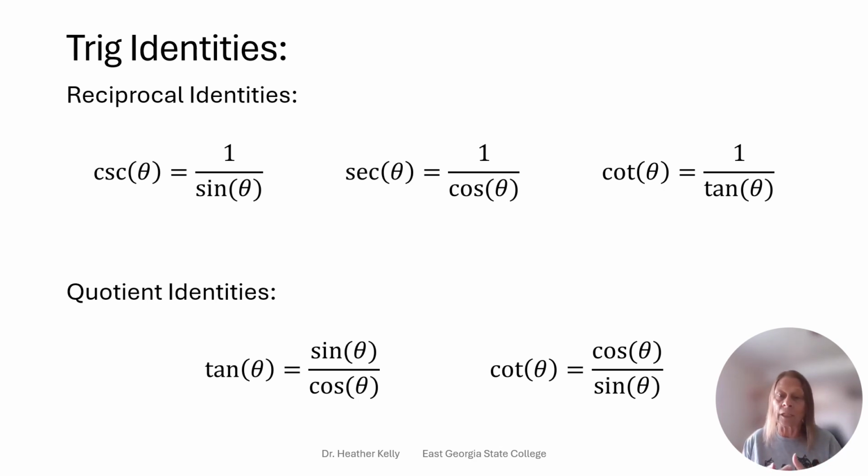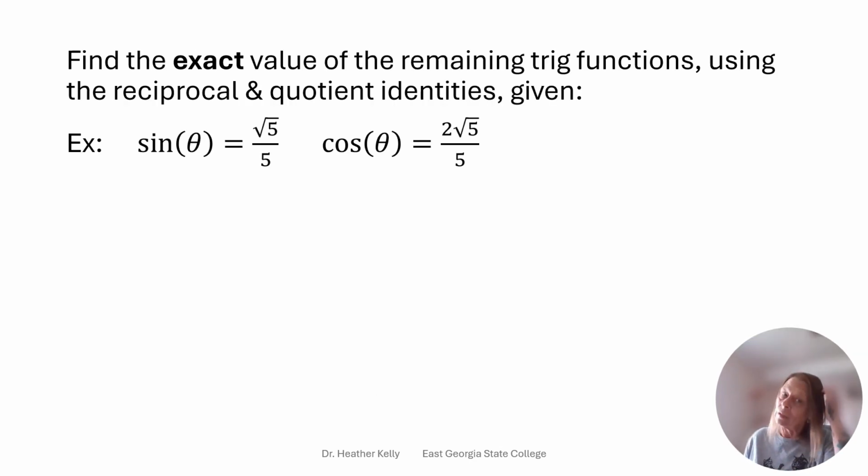Tangent is actually made of sine divided by cosine, so that's a quotient identity. And cotan, because tan and cotan are reciprocals of each other, is then sine is in the denominator and it is cosine over sine.